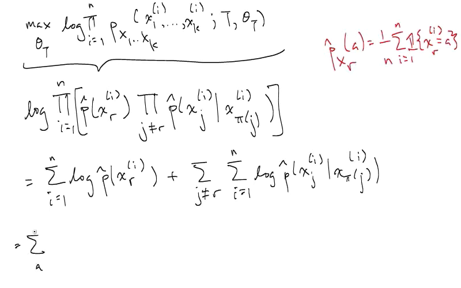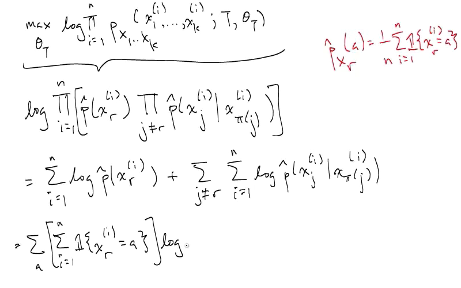So here, sum over A of sum over I going from 1 to n of whether training data point I for the rth random variable is equal to A, times log of p hat of A for X_R. Okay, so that's what this first thing is equal to.